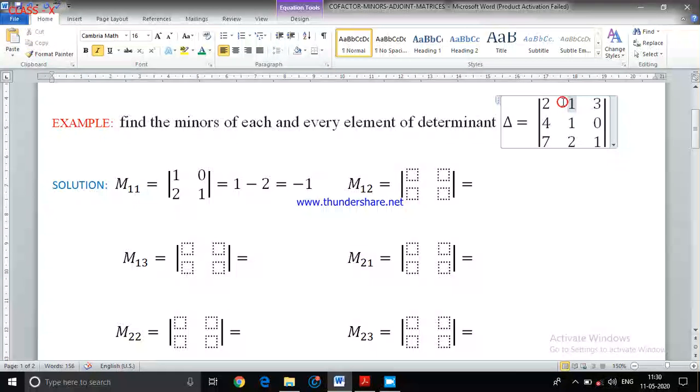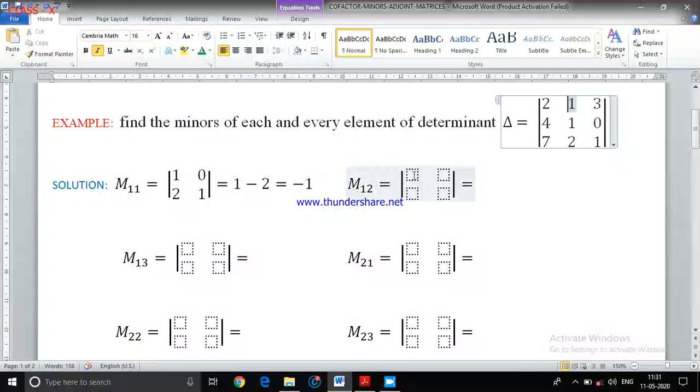Now if I want the minor of this 1, what is the position of that 1? A12, first row and second column. So if I exclude the first row and second column, 2 1 3 is the first row and 1 1 2 is the second column. What are the remaining elements left out? 4 0 7 1.